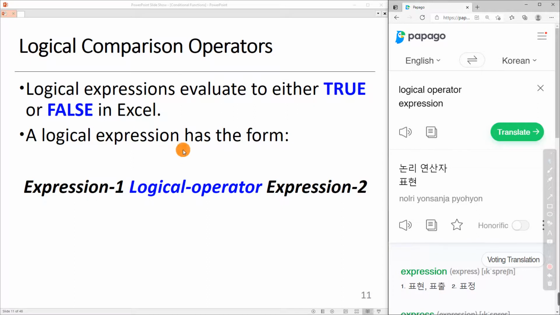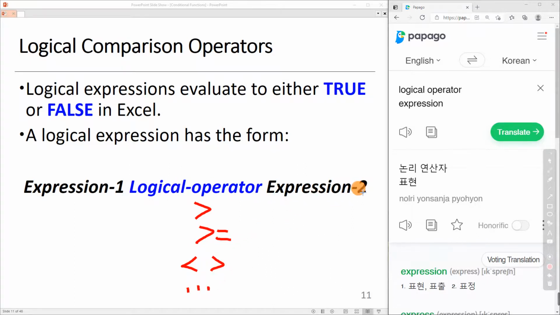A logical expression has the following syntax. First of all, we need to use expression 1, then a logical operator. We can use greater than, not equal to, or any other logical operator. I suggest you check the corresponding page of my presentation: greater or equal to, not equal to, and so on.